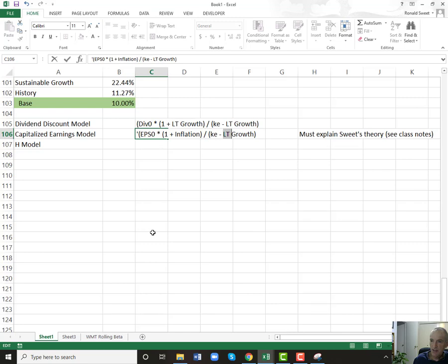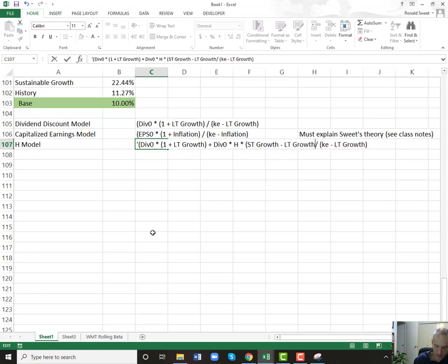But it looks exactly like the same formula. And then remember, for the H model, it looks again just like the dividend discount model, except here we're going to add a middle section to this, plus dividend 0 times H times short-term growth minus long-term growth, and all of that divided by KE minus long-term growth.